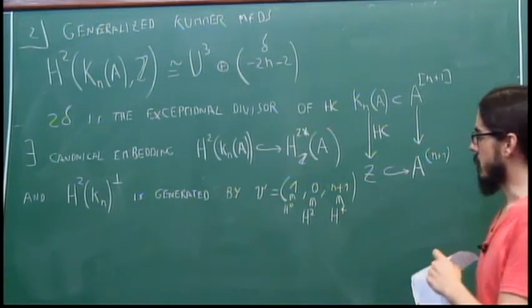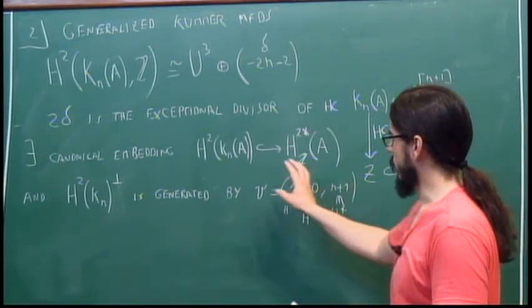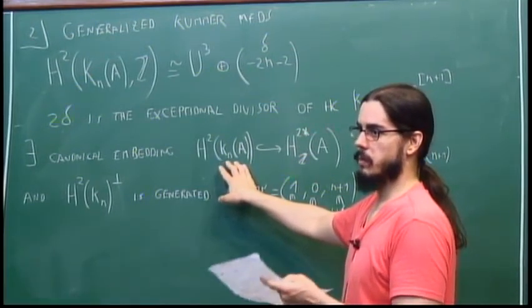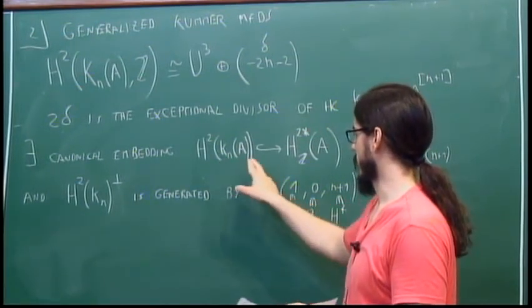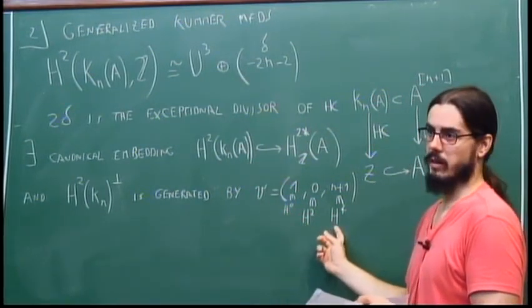So there is this canonical choice of an embedding, which is actually equivalent to building this Kummer manifold as a particular moduli space of sheaves on this Abelian surface, where the sheaves have these discrete invariants.